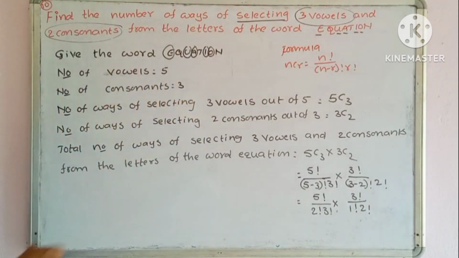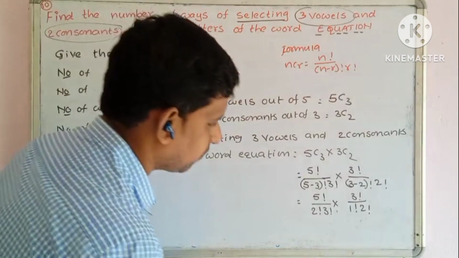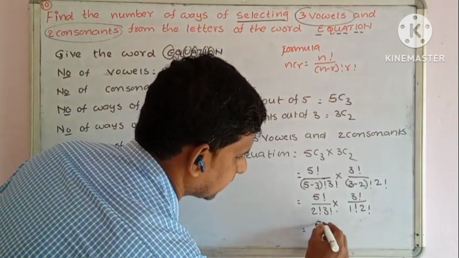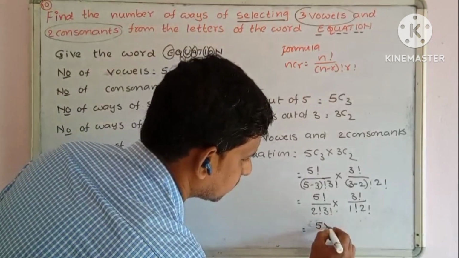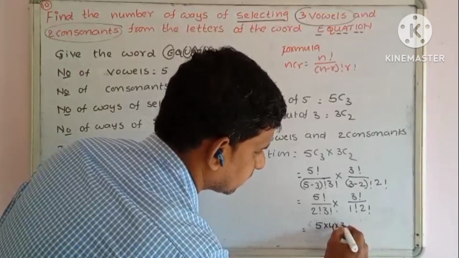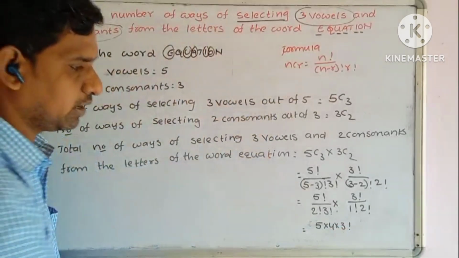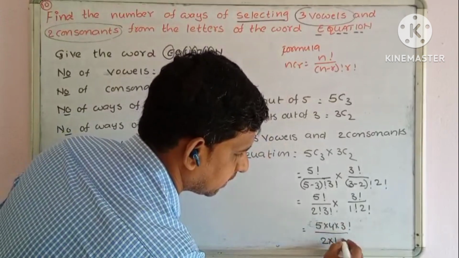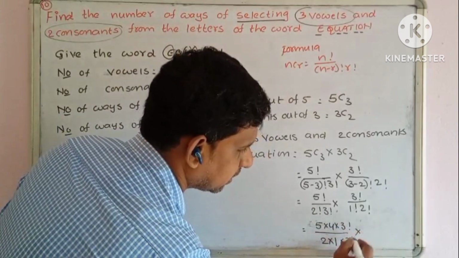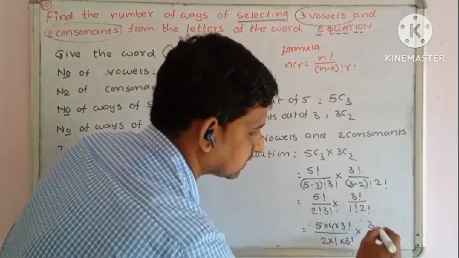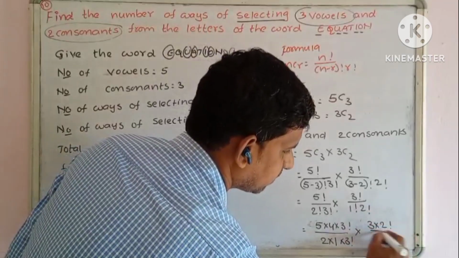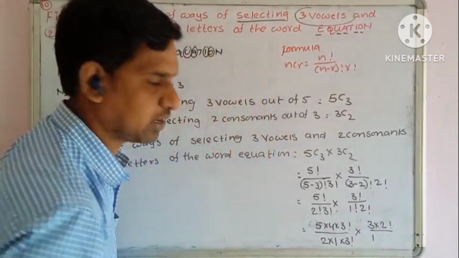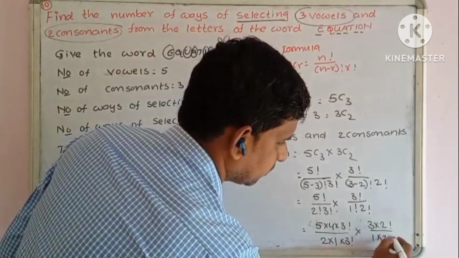See now, 5 factorial can be written as 5 times 4 times 3 factorial divided by 2 factorial, which is 2 into 1, multiplied with 3 factorial, which can be written as 3 times 2 factorial by 1 factorial, which is 1 into 2 factorial.